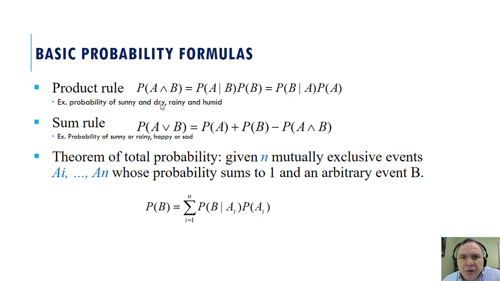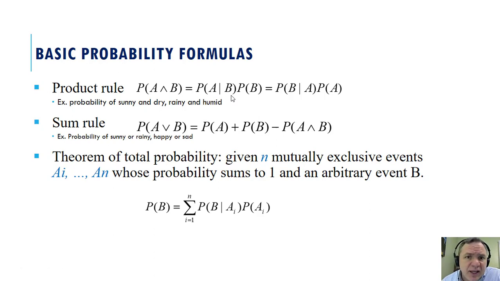Okay, so now what is the probability of these two events? It is equal to the probability of the first given the second times the probability of the second. So what is the probability of seeing dry given that it's sunny times the probability of seeing sunny? Now, what is the probability of dry given sunny?